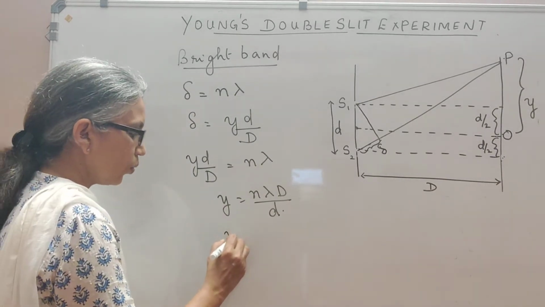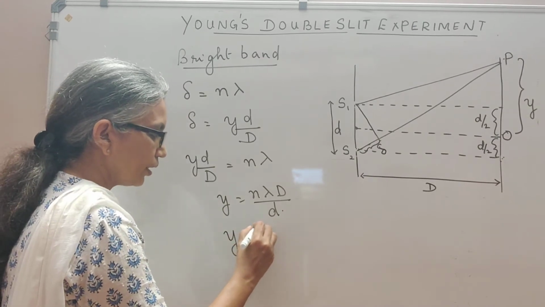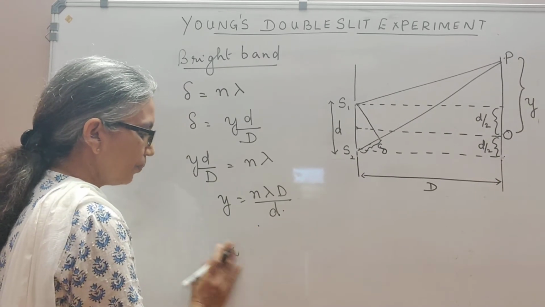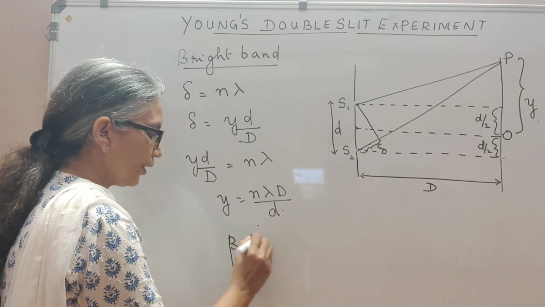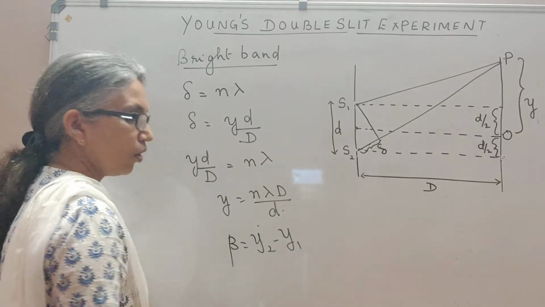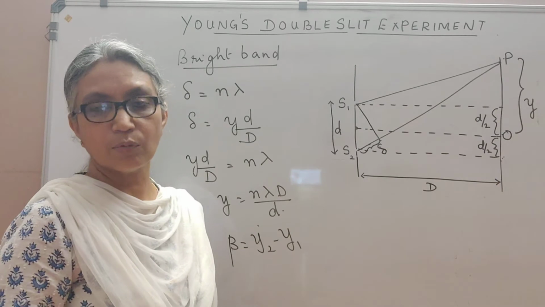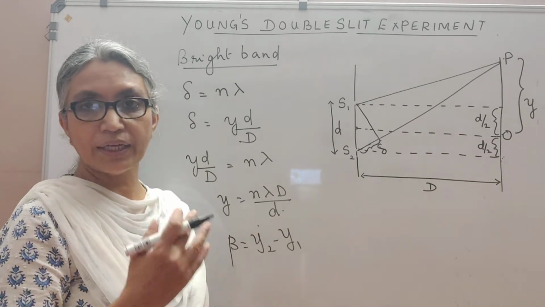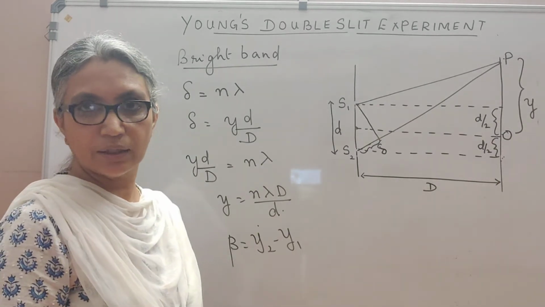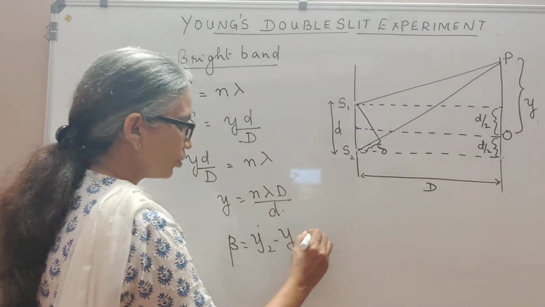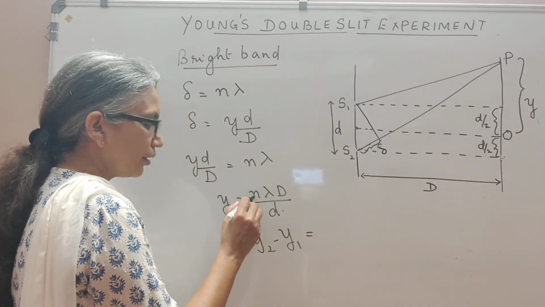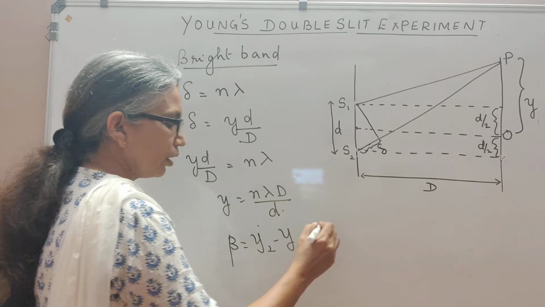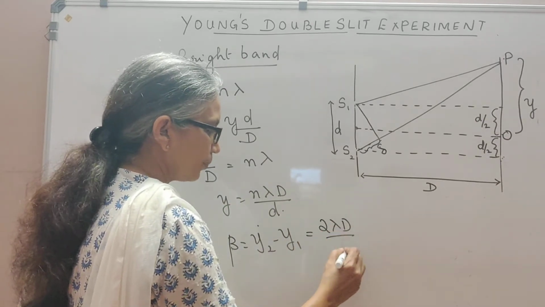So I may write beta is equal to y2 minus y1, or y3 minus y2, or y4 minus y3, or yn minus yn minus 1. You can write it in any way you want. So if I substitute y2, if I put 2 here, this is 2 lambda D by small d.